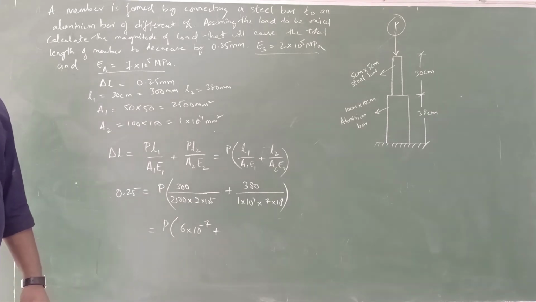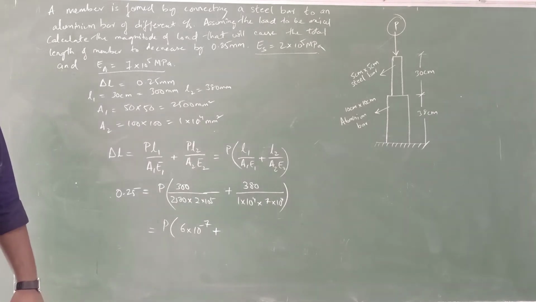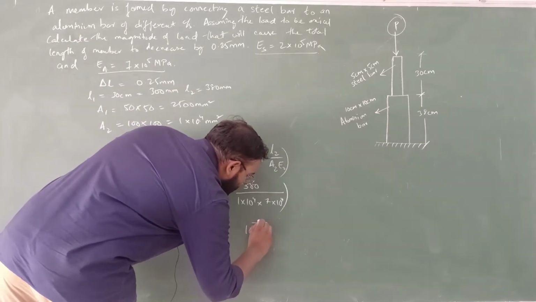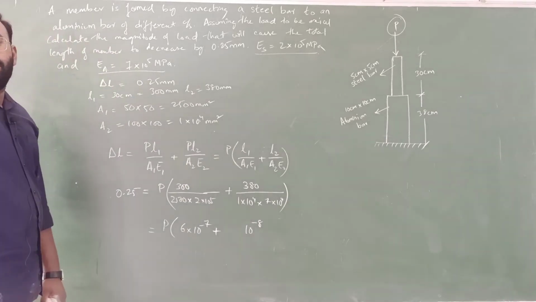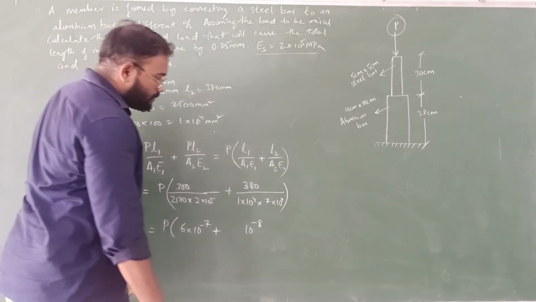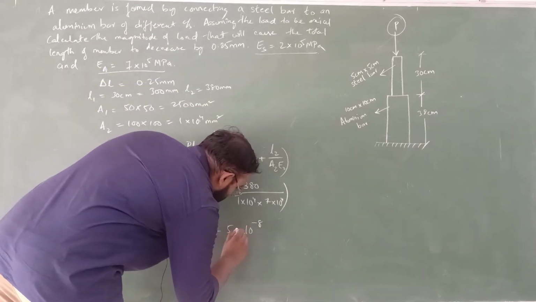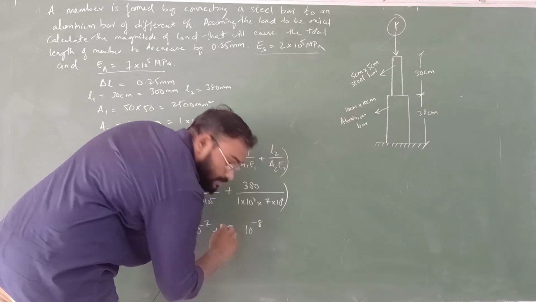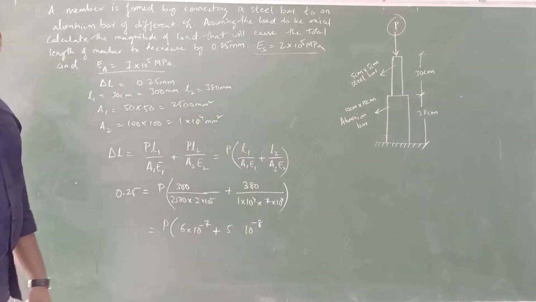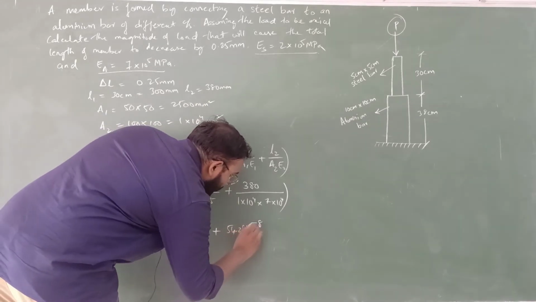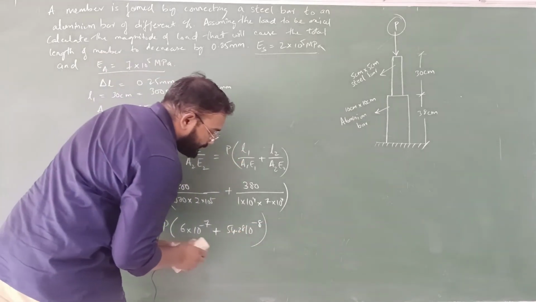Okay, 380 by 7. Tell me 380 by 7. The answer is 54.28 × 10⁻⁸.